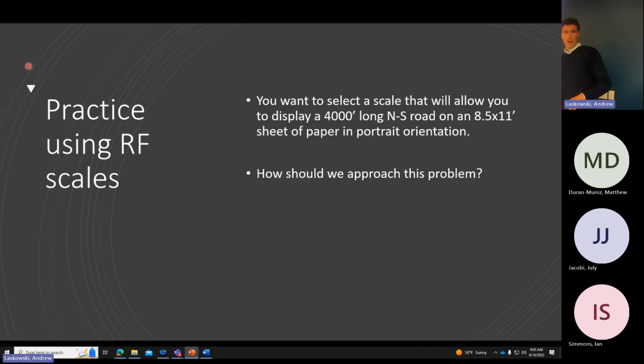So I like to make a little sketch. And so let's say we're going to use the entire extent of the 11 inches just to make this simple. In reality, we might use 10 inches. Actually, let's make it 10 inches. The usable space here is 10 inches because we're going to have some margins.